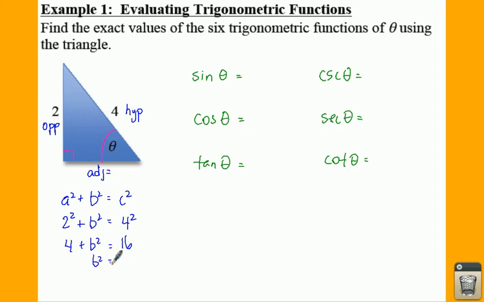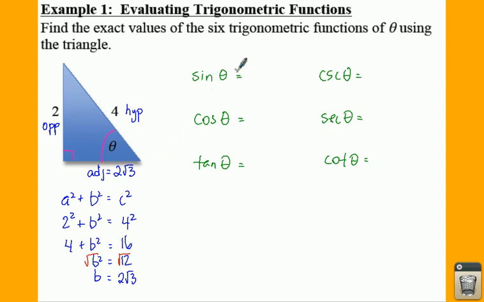Subtract the 4 from both sides, you get 12. And if you square root both sides, that's going to give you a radical 12, or what you should really do is make this a 2 radical 3. Do not leave it as a radical 12. Your radical 12 just reduces to the square root of 4 times square root of 3, which is a 2 radical 3.